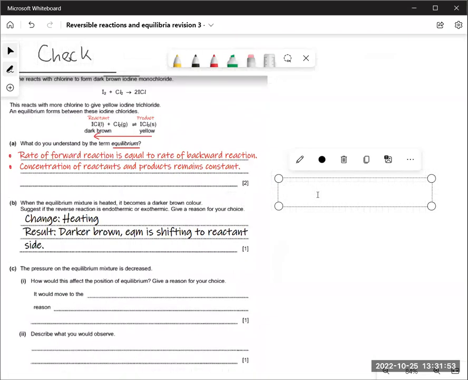The next thing is I'll just write it here for you. Temperature rules.